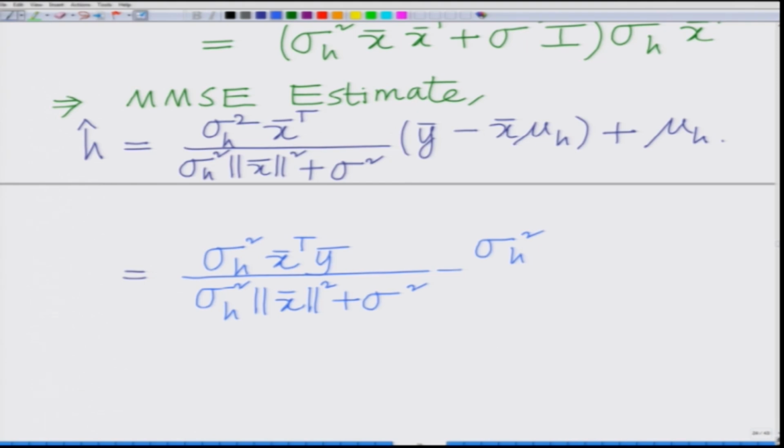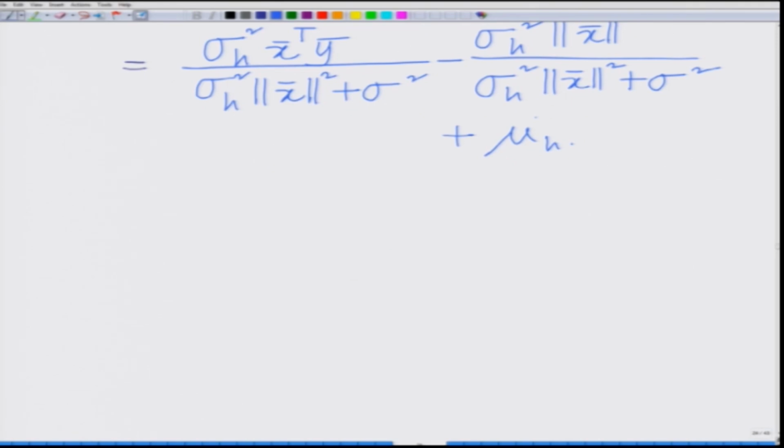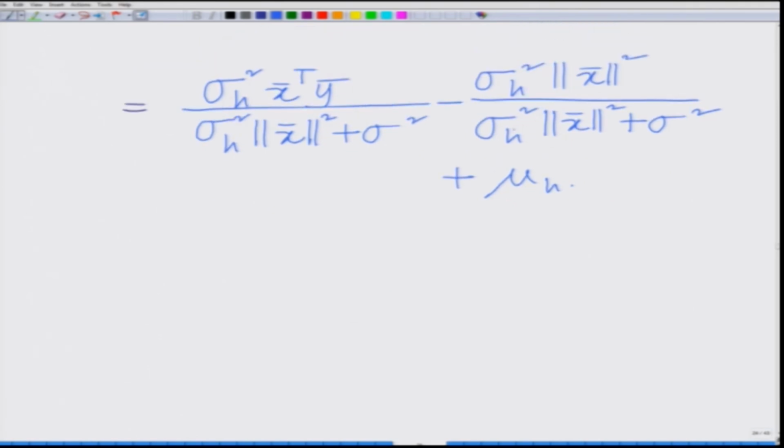Look at this, x bar transpose x bar, that is basically your norm x bar square, divided by sigma h square norm x bar square plus sigma square, plus mu h. Now, look at this, you have minus sigma h square norm x bar square divided by sigma h square norm x bar square plus sigma square, plus mu h.